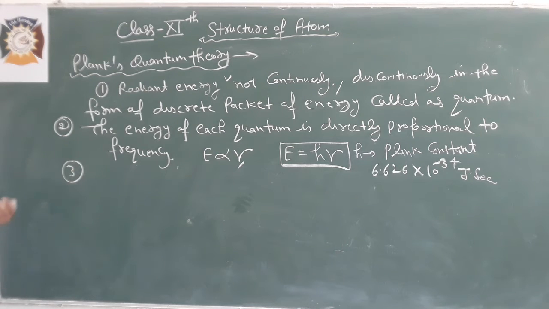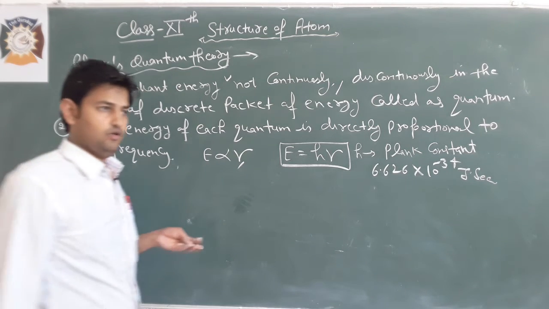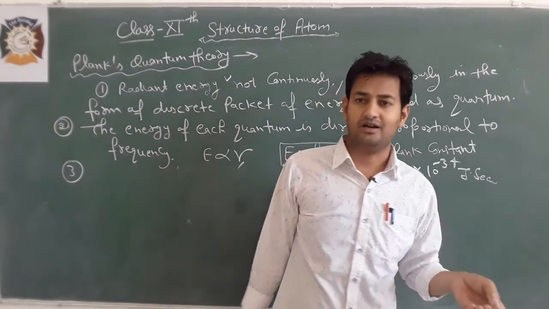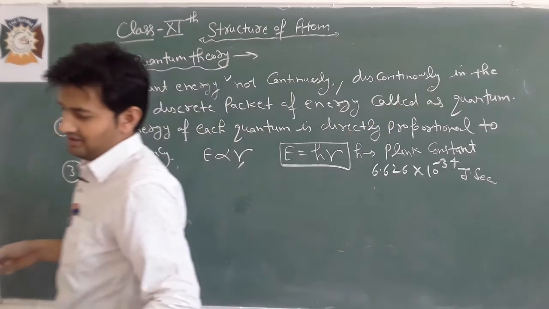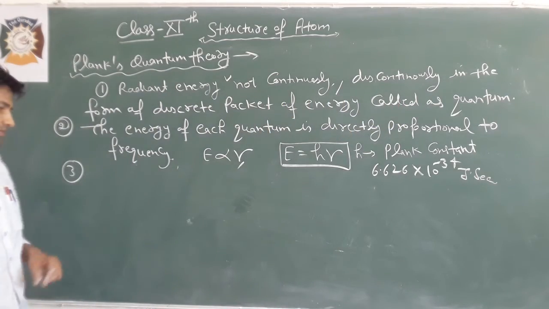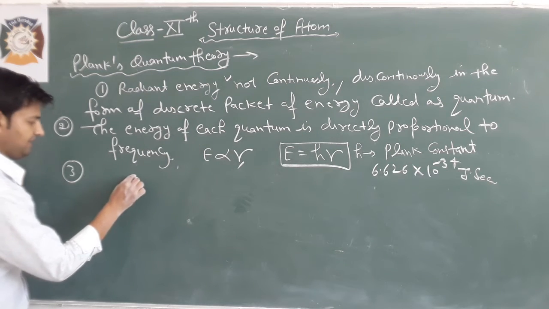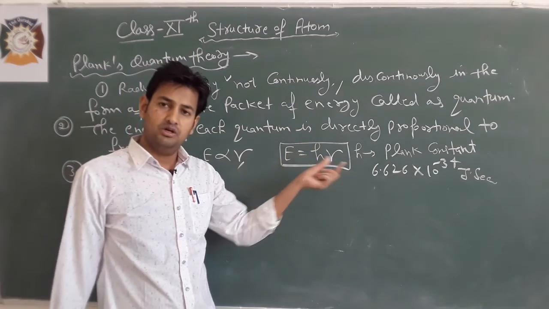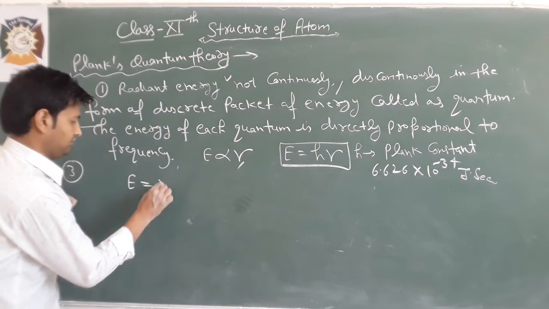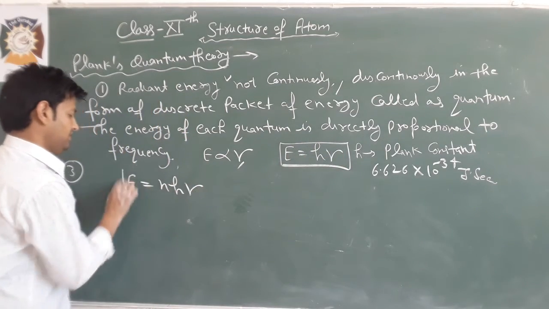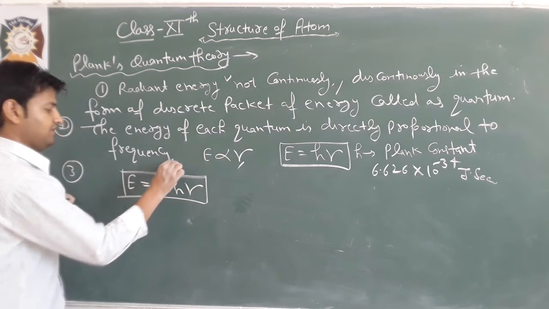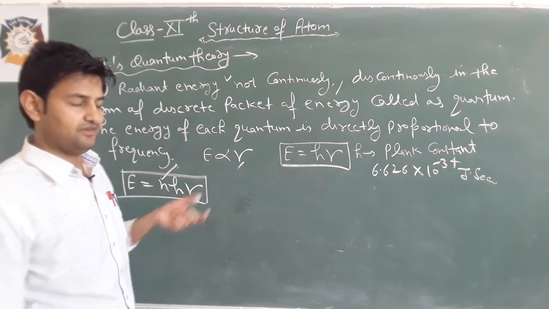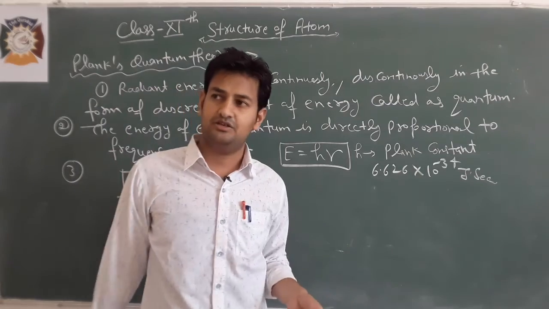The third postulate says the total energy emitted or absorbed by the radiation is equal to some whole number of quanta. If the number of quanta is n, then total energy is equal to n h nu.